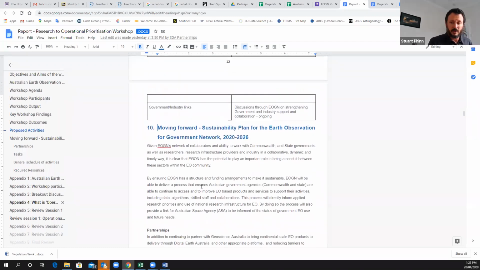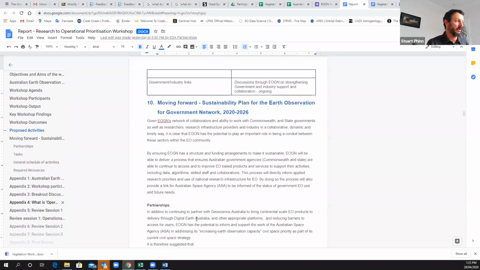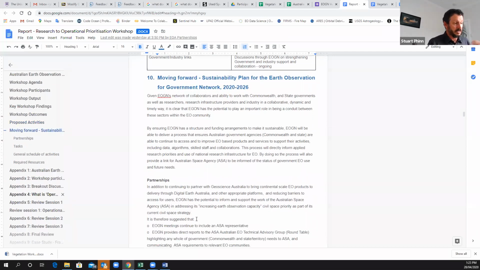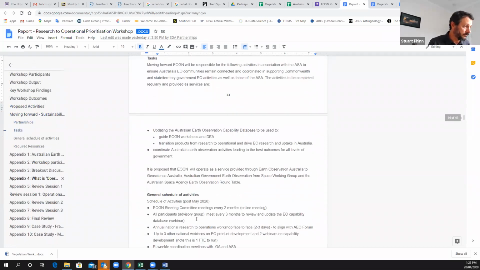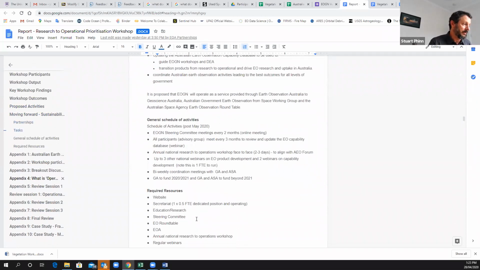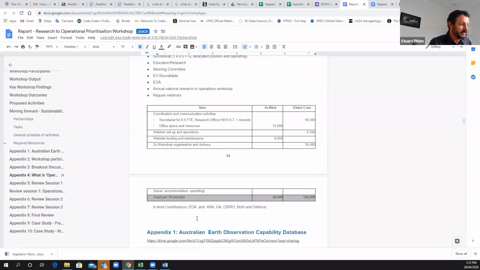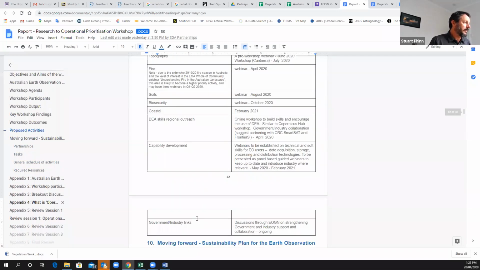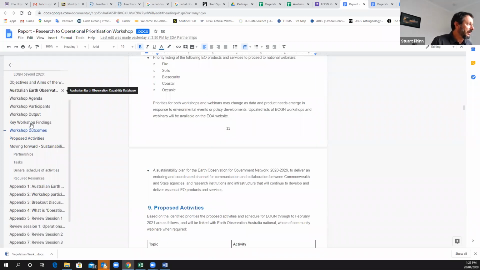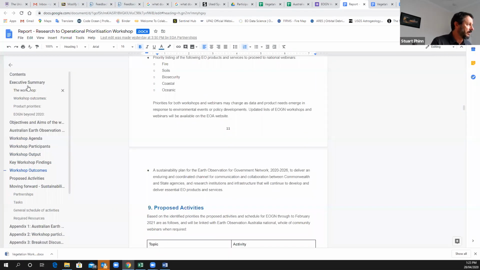So this workshop, in a sense, is the first direct follow-on from that, to help us continue to build those partnerships and move forward. This is just about how we're going to run it moving forward.